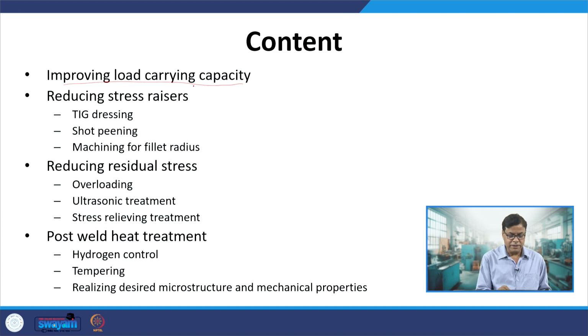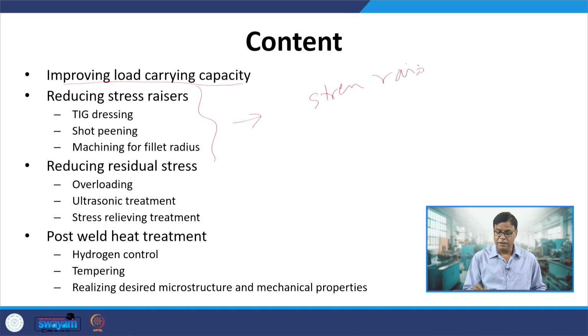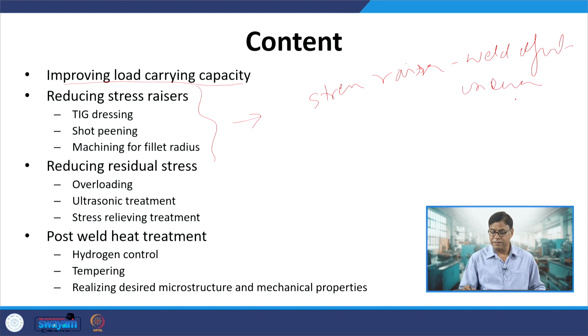Another is reducing the stress raisers. We know that welding most of the time introduces a variety of stress raisers in the form of weld defects, uneven surfaces or improper weld bead profile.